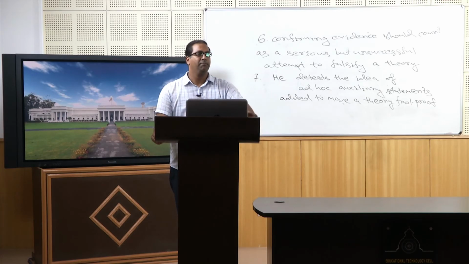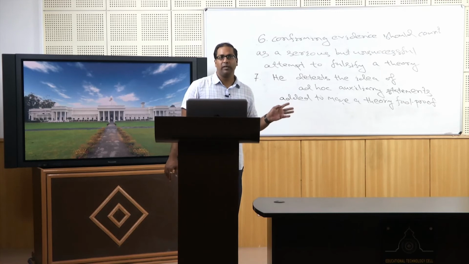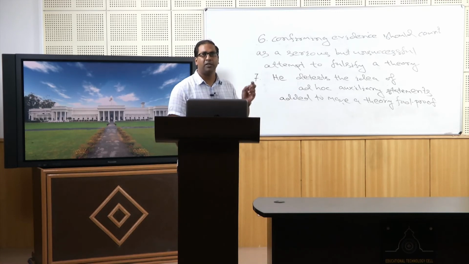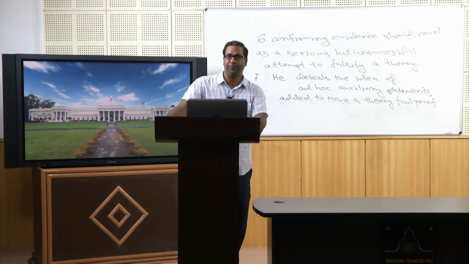We will see that, but before that, he has a jargon for this. He calls such a rescue operation of adding an ad hoc statement to make the theory foolproof a conventionalist twist or conventionalist stratagem.